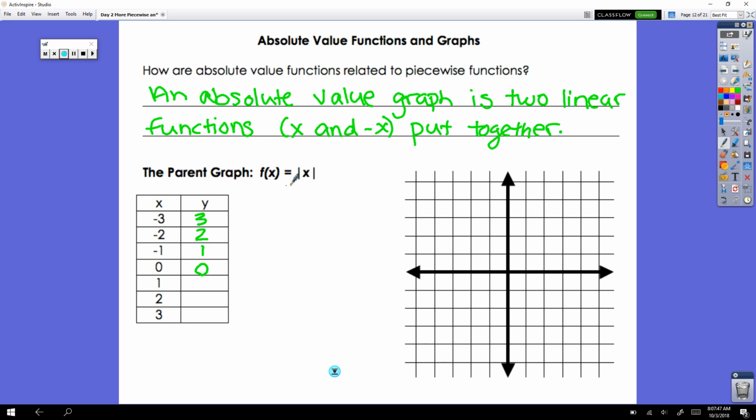When we put positive 1 in for x, the absolute value of positive 1 is still positive 1. Same for 2 and 3. Now let's plot these points. And here's our absolute value graph.